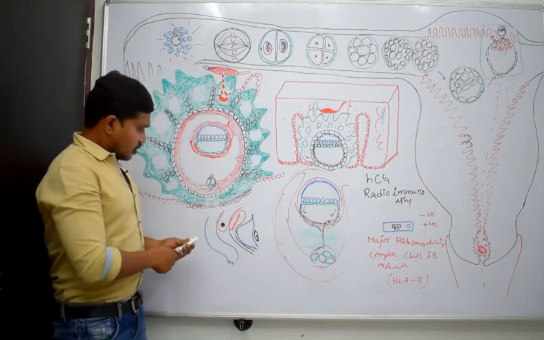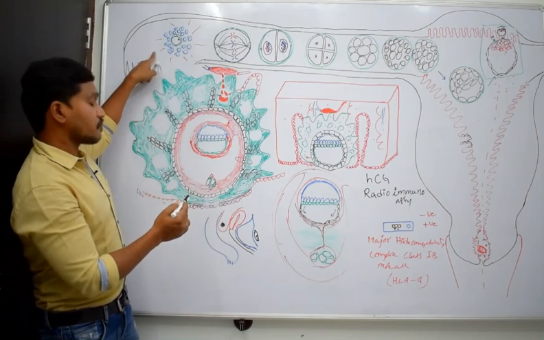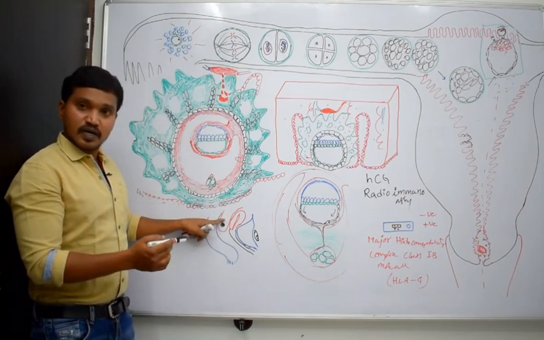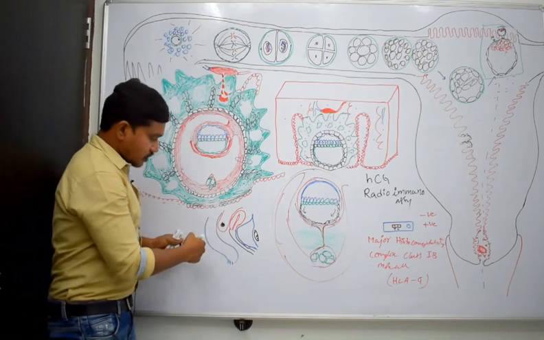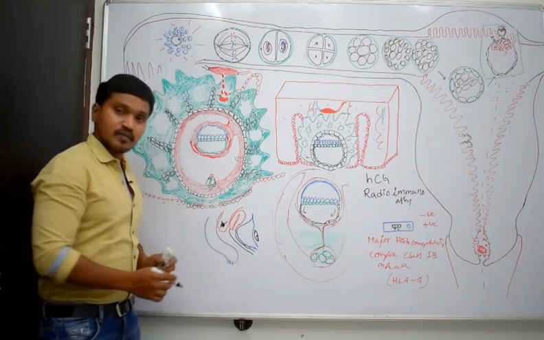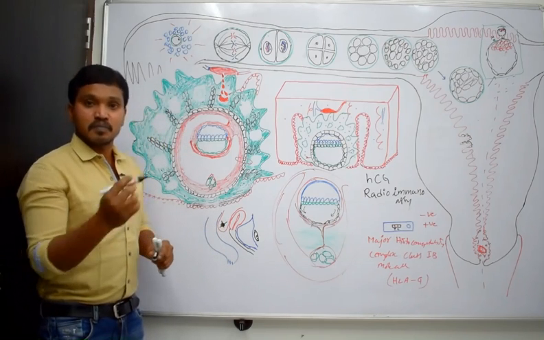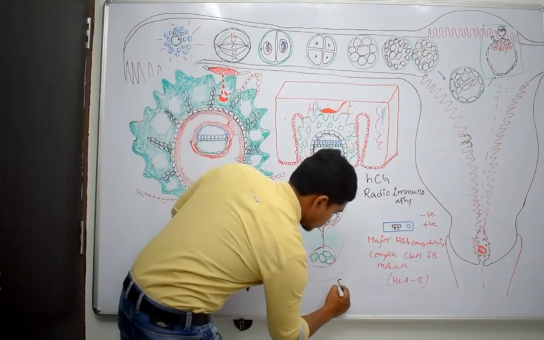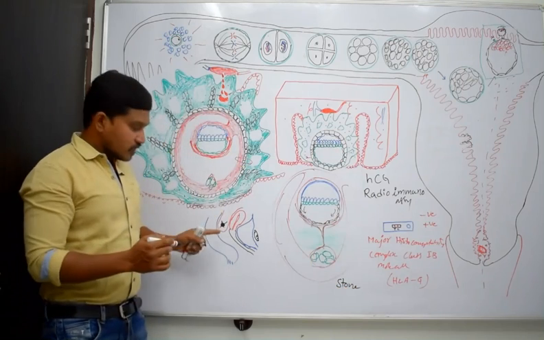Now another condition, this embryo after escaping from the fallopian tube, will fall down in the recto-uterine pouch and die. That means this embryo died and calcified and became stone, right? So here a calcified fetus is there.